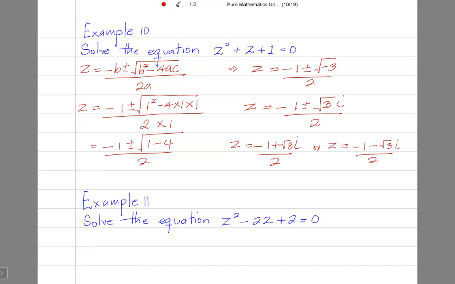All right, so if you solve a quadratic equation, you must get two answers, 1 and 2. I want you to know that the coefficients of z are all positive.